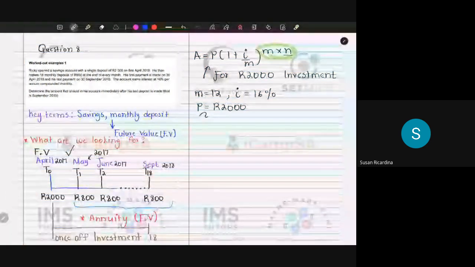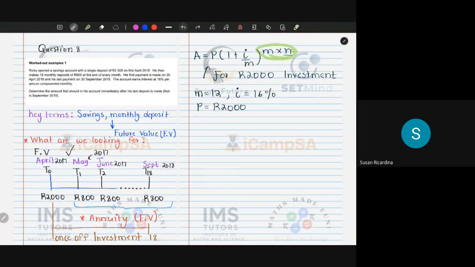So what I'm going to do is put A equals 2,000 into 1 plus 16% divided by 12. And then remember the period we are given already.